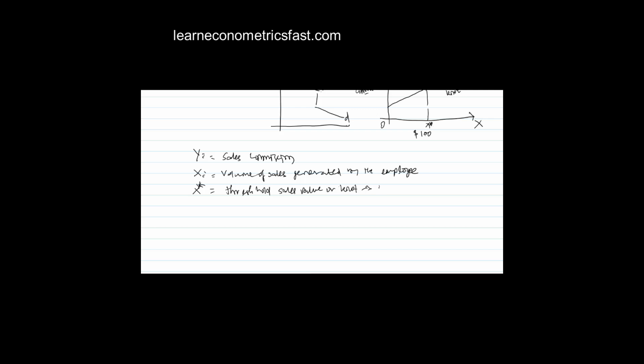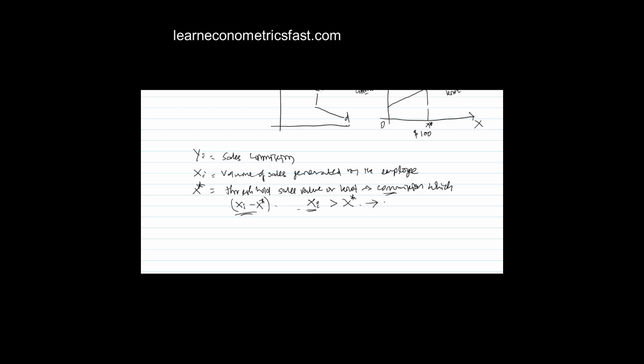You remember the commission will be on the difference. Which difference? This is xi minus x star, right? And on this difference you will be getting the commission. So if xi is greater than x star, that means the person has generated more sales, right? Then your dummy variable will become 1.